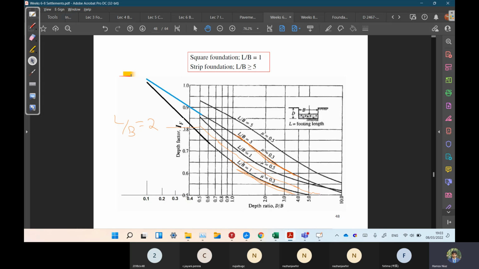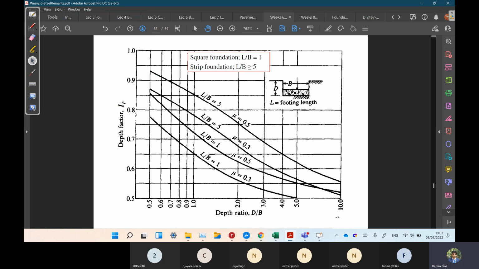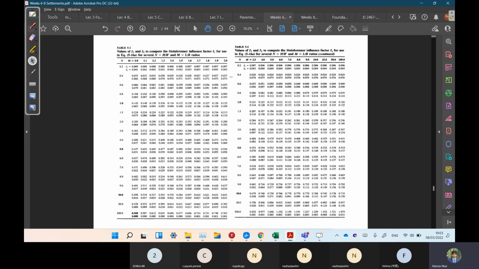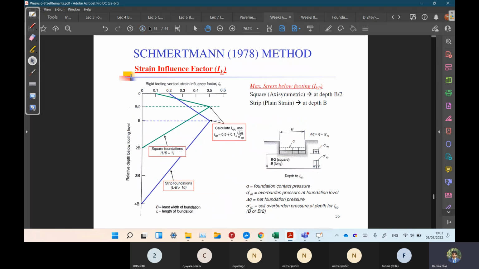Poisson's ratio for these two is the same, 0.3. With the depth to width ratio of 1, we simply move along and calculate the depth factor IF, which is almost 0.7. We can take 0.7. That's how we calculate IF. Now the second thing is we have to find the M and N values.